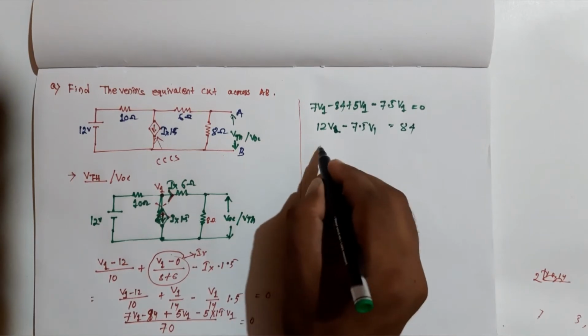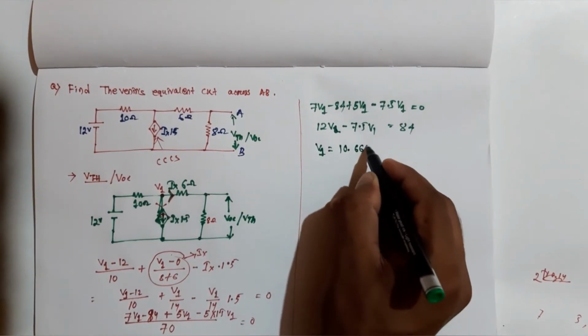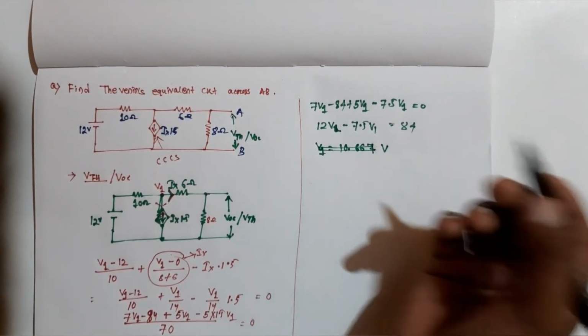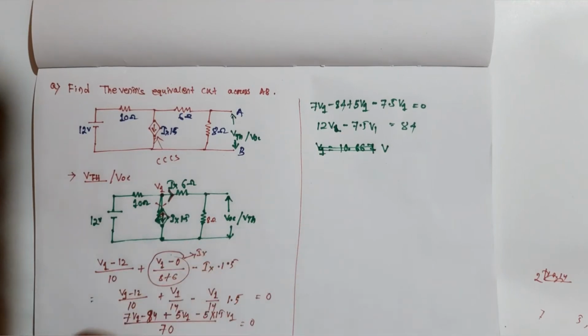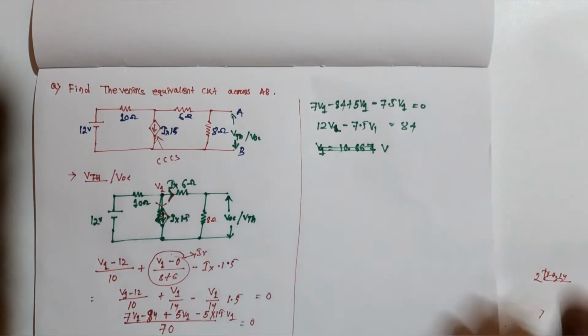After simplifying, V1 equals 10.667 volt.